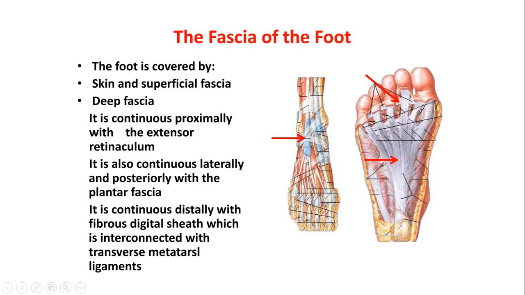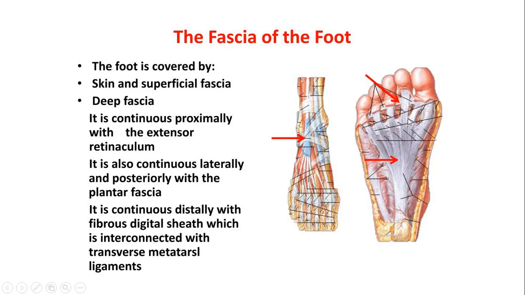The plantar fascia is quite thicker than the palmar fascia, and distally the fibrous digital sheath and the transverse metatarsal ligament are attached to it. Because of the continuous stress put over the foot during walking, it becomes thicker as compared to the palmar aponeurosis.